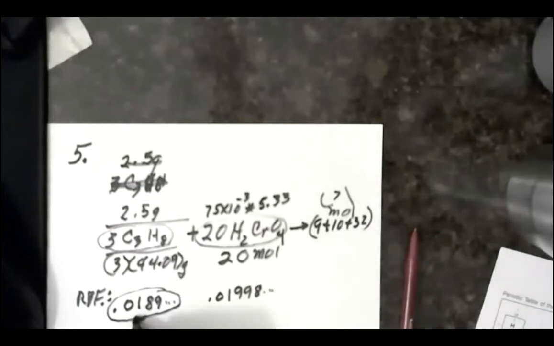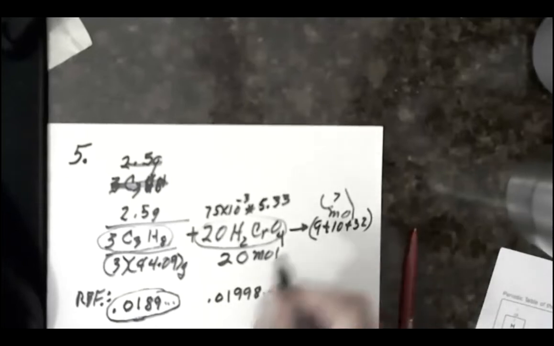But I'm going to put this data back in. I'm just going to say 2.5 divided by 3 and divided by 44.09. And I've got my number back on the screen, 0.01890073333, etc.